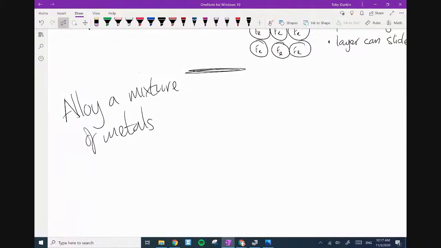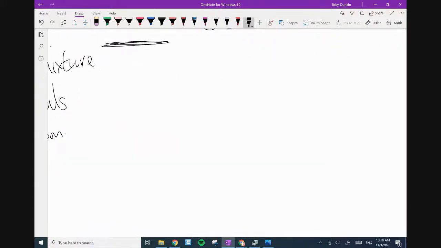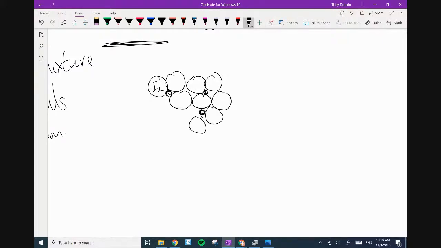So I'm actually going to put an alloy, comma, a mixture of metals or carbon. So just to show you, the first one is iron, and then a tiny atom of carbon. Carbon's tiny compared to iron. Now what this does is it disrupts the layers.